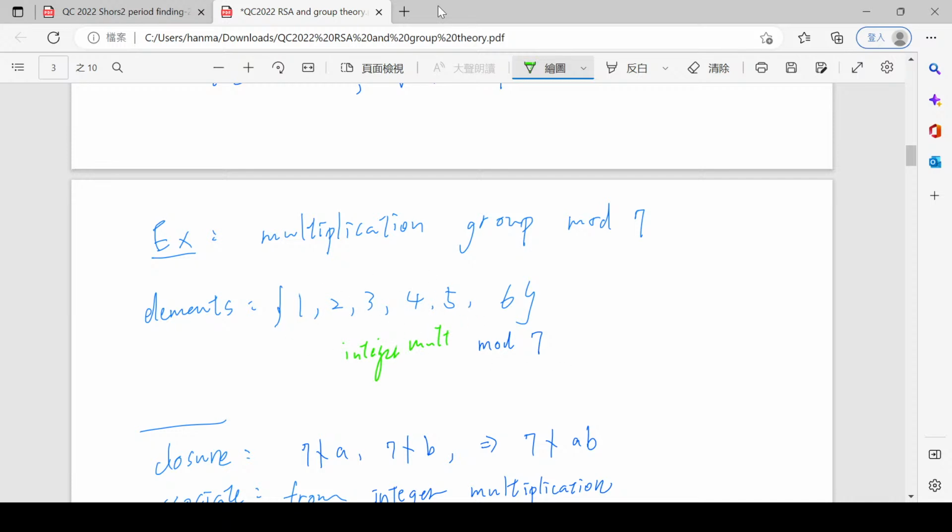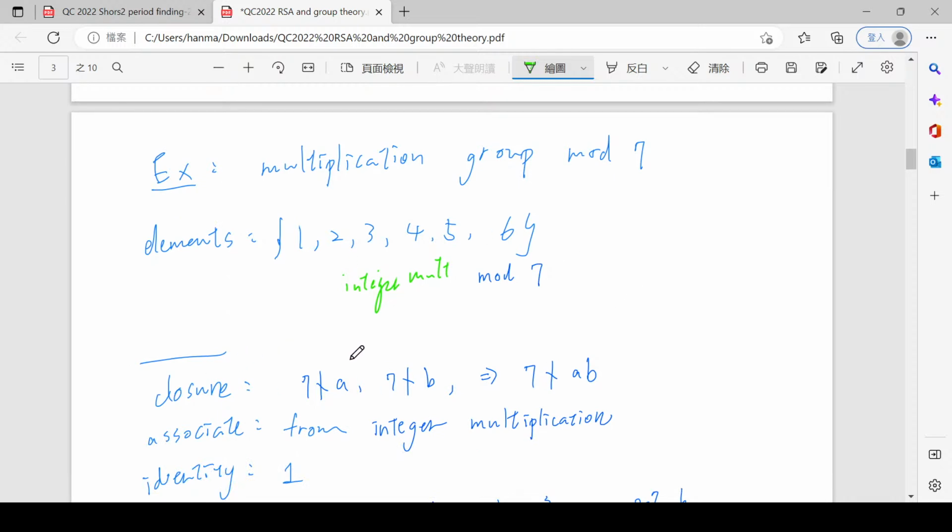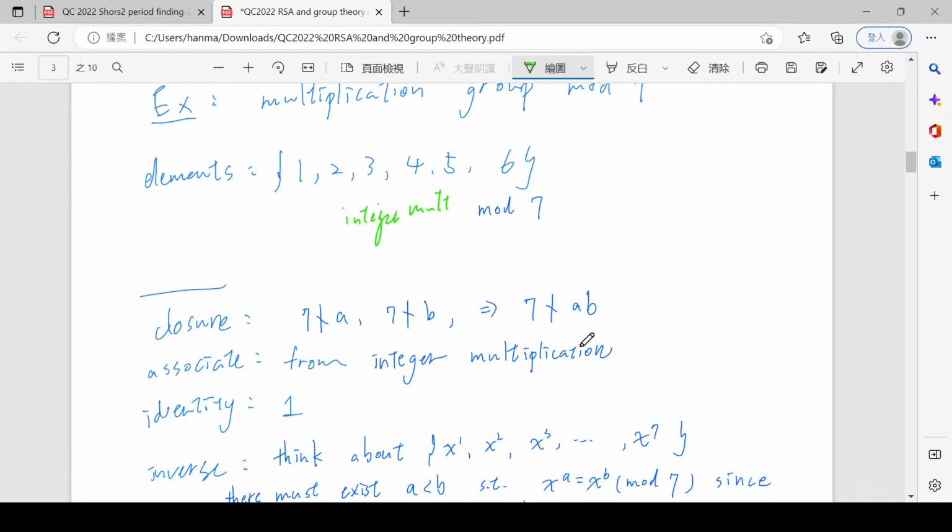So this is a group, and we'll check all its properties. Is there closure? Yes, because if we have two elements A and B inside this set, that means A is not a multiple of 7 and B is not a multiple of 7. Then if we take the integer multiplication of A and B, it's also not a multiple of 7.